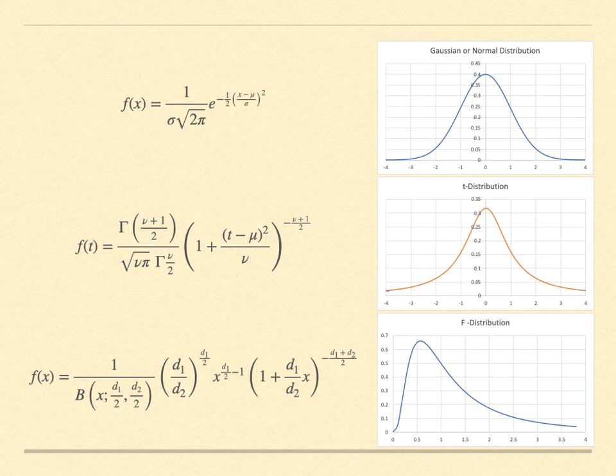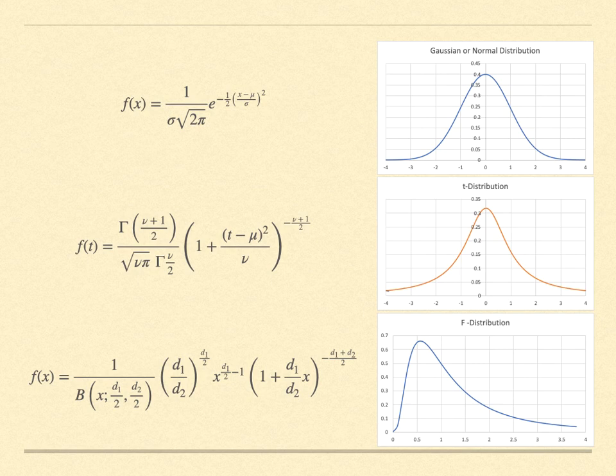The B represents the beta function with the two parameters d1 and d2, and x is the continuous variable. As with the t-distribution, the function's shape changes with different values for the parameters, the values of d1 and d2. They too are degrees of freedom. There are many different tests that can be done with the F-distribution, just as there were with the t-distribution, but we will focus on just one.